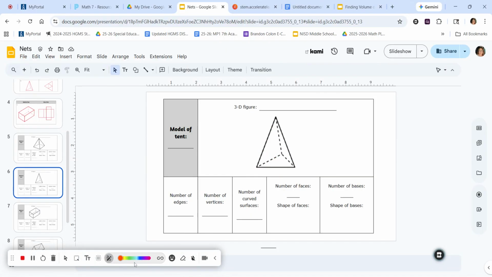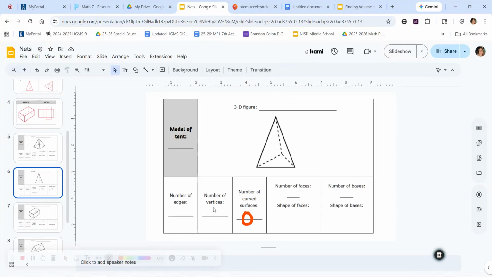And if we look at the number of faces. Okay, so there's 1, 2, the front 3, and the bottom 4. So there's 4 faces, and the shape of those faces are, of course, triangles.